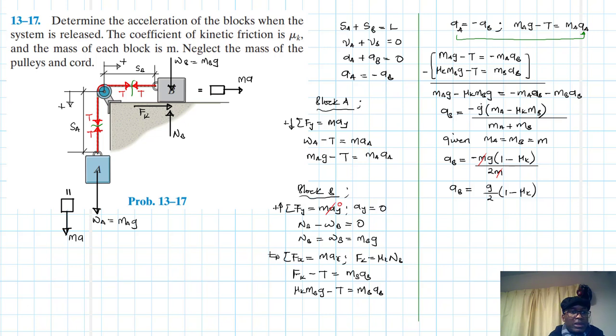There's a minus like so. And another way of writing this is a_B is just going this side. Okay, that's what the minus means. So this is just equal to g divided by 2, then we have 1 minus mu_k.